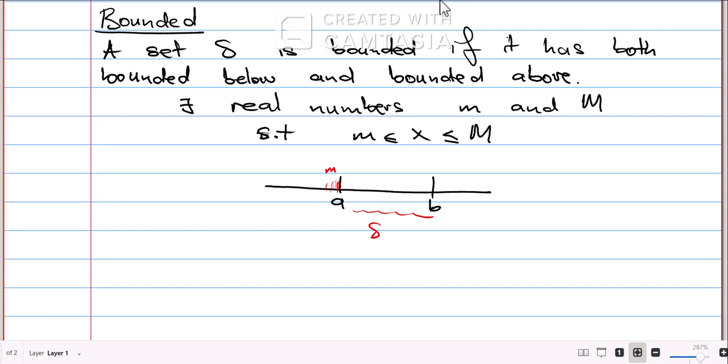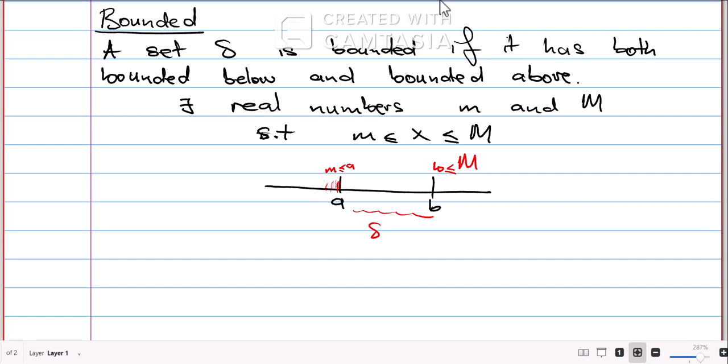Small letter m is less or equal to a, and capital letter, okay, b is less or equal to capital letter M. So now we say the set is bounded if there exists the small letter m which is less than or equal to a, and the capital letter M which is greater than or equal to b.